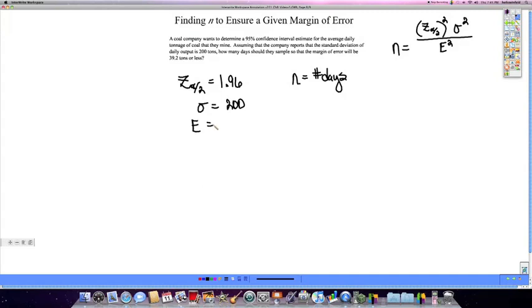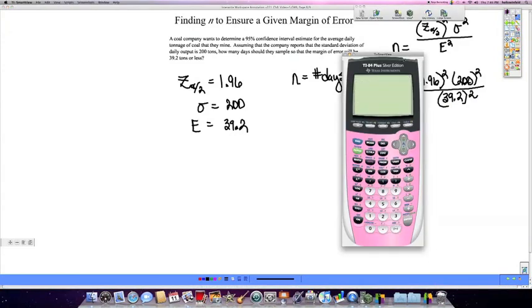So we're simply going to substitute these values into this formula. N will be equal to 1.96 squared. The standard deviation is 200, and we will divide by 39.2 squared.